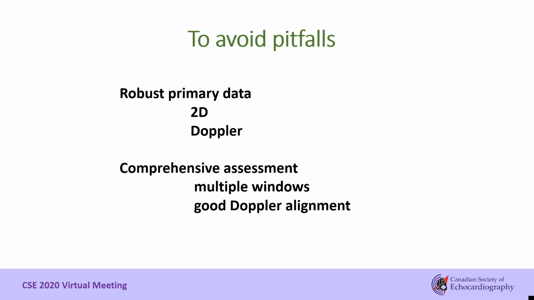For Doppler, we are talking about the peak velocity and the duration of the velocity signal. To assess valvular dysfunction, multiple windows should be used, and good Doppler alignment with the velocity jet is essential. In order to achieve that, non-imaging probes should be readily used, especially in patients with aortic stenosis.